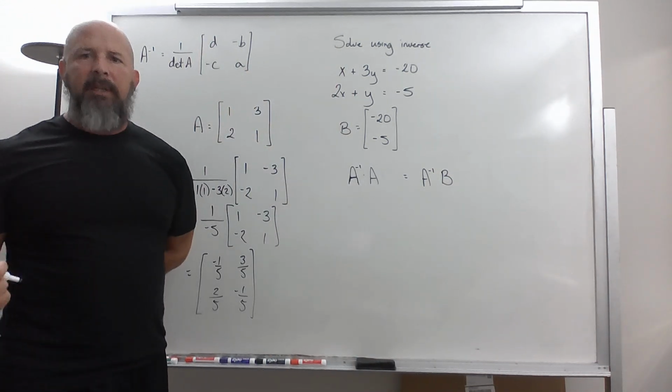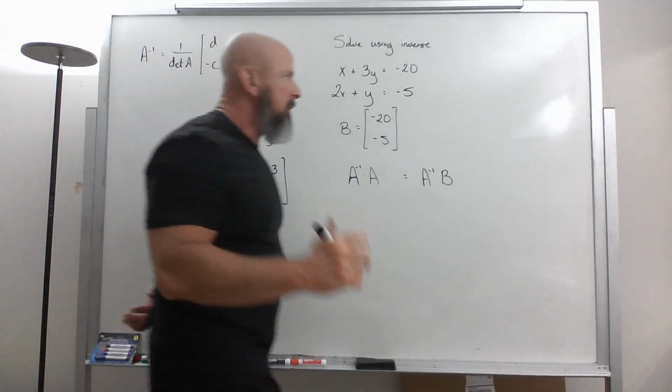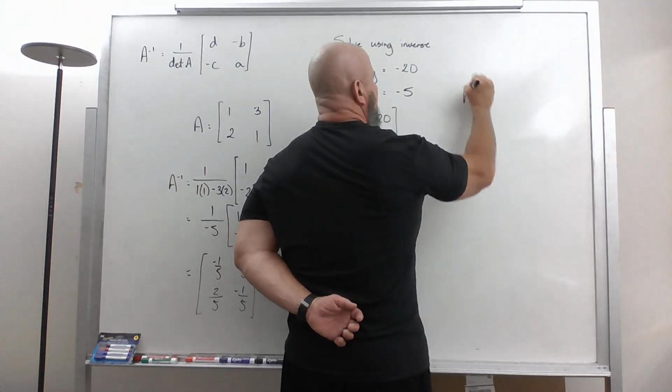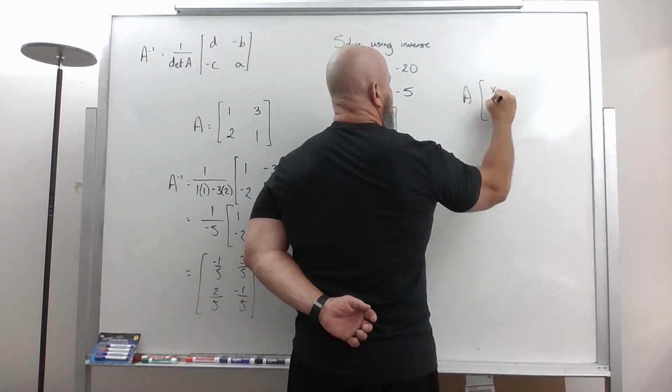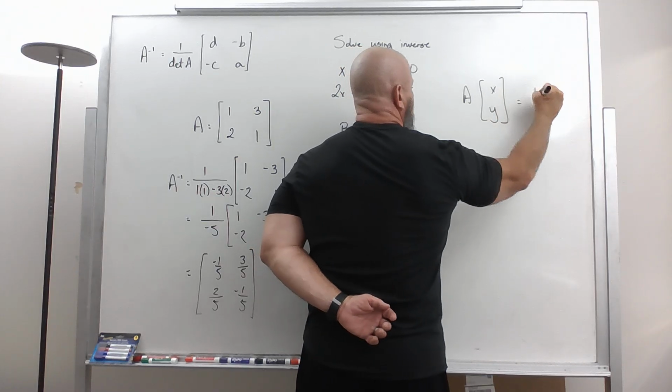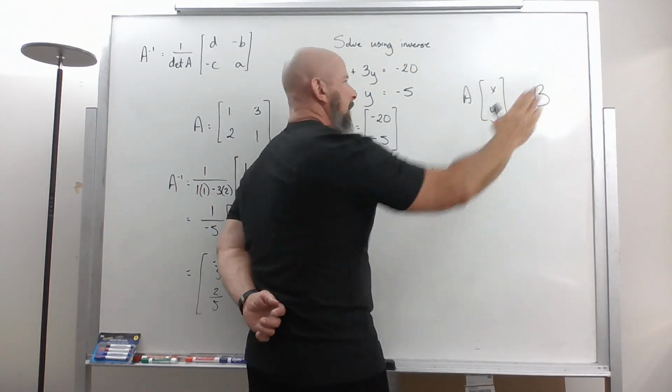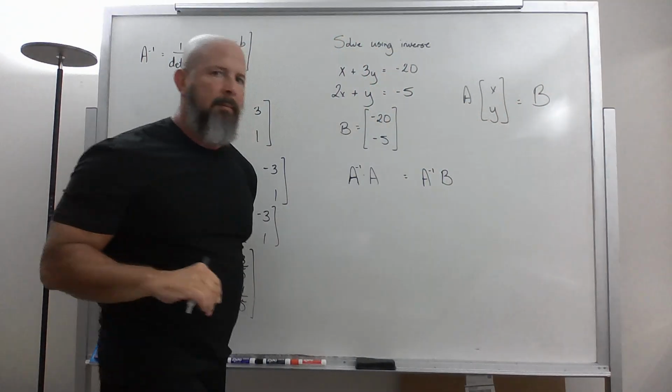So I have an equation here. It basically looks something like this. I've got A times our xy equals B, the answer matrix, original 2 by 2.